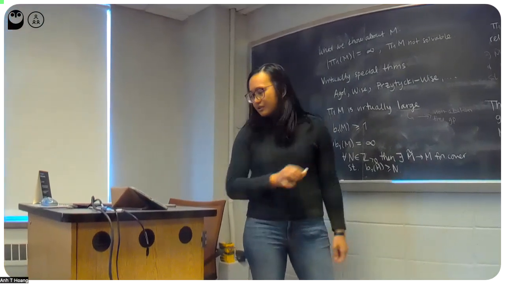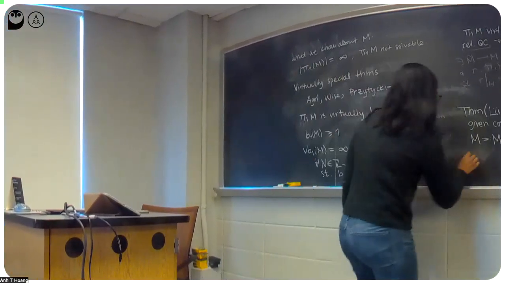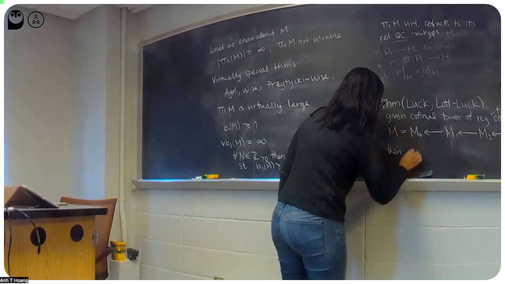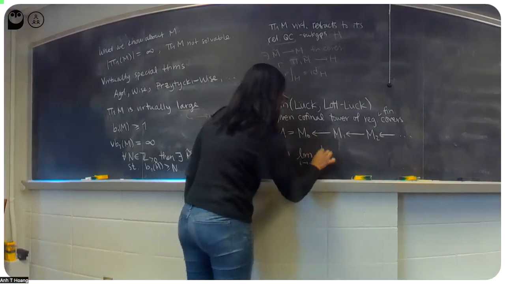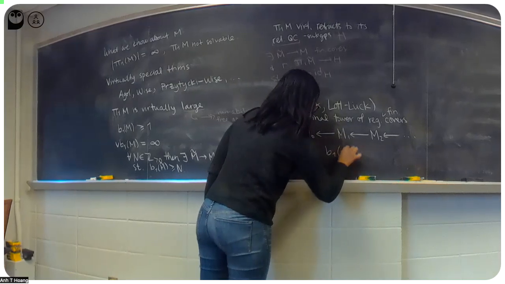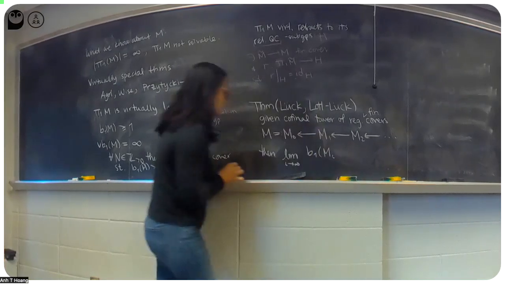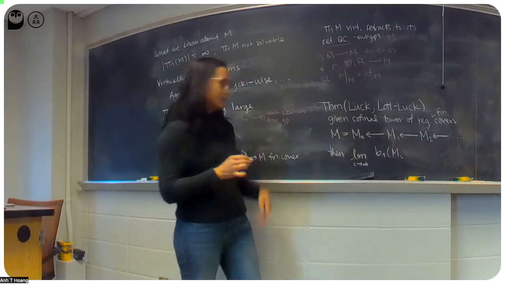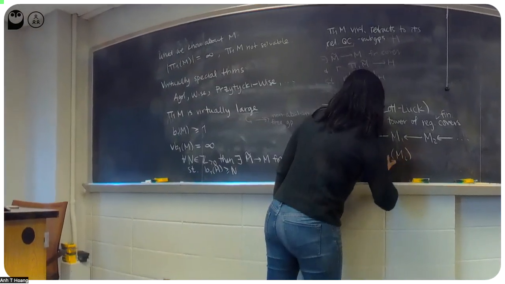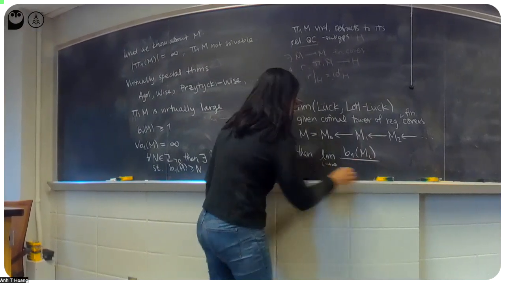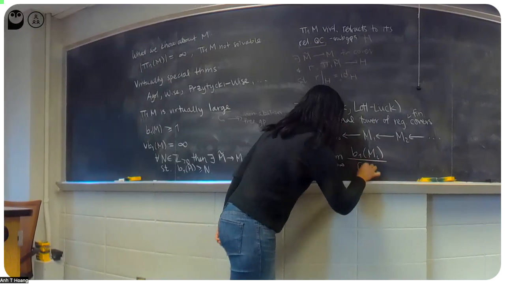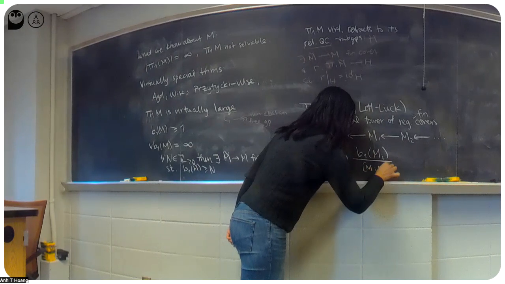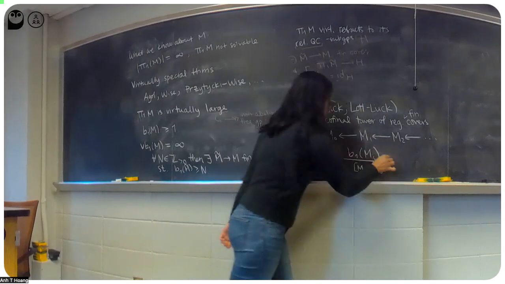Okay, so if I have this, then if I look at the limit as i goes to infinity of the first Betti number of Mi, and again, remember, this is homology with integral coefficients, and I divide it by the degree of the cover, this is 0.